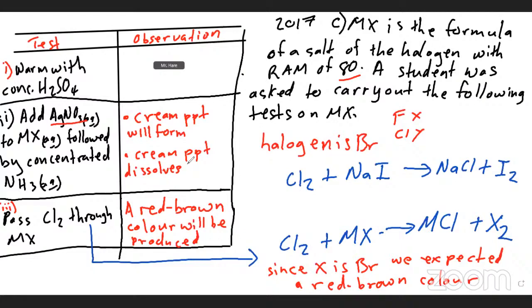The bromide is cream, and the iodide will give you a pale yellow color. So the color is important to put. White is for chloride ion, cream is for bromide, and yellow is for the iodide ion.